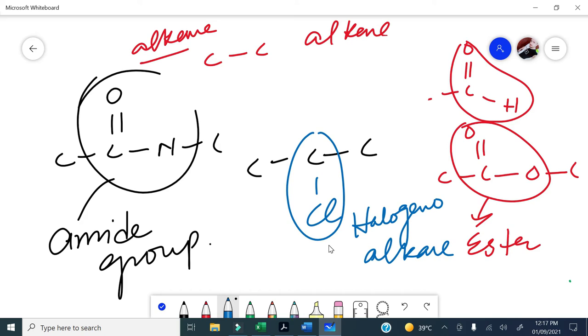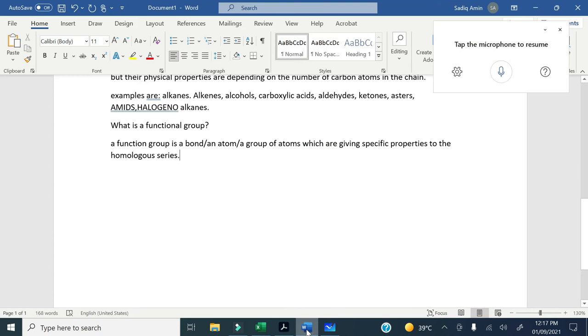Okay, are we clear with this part? Now after this, nomenclature, how to name the hydrocarbons. Nomenclature, naming hydrocarbons. Select the longest chain of carbon-carbon.